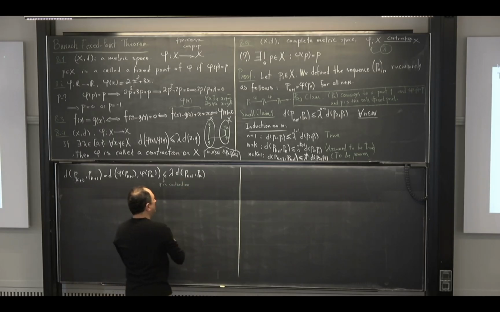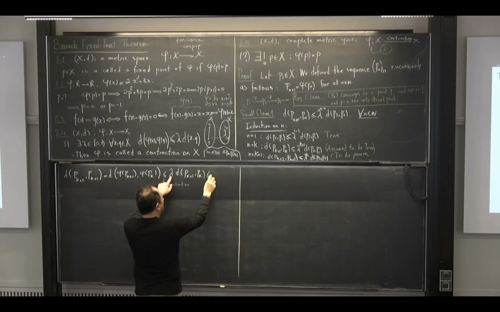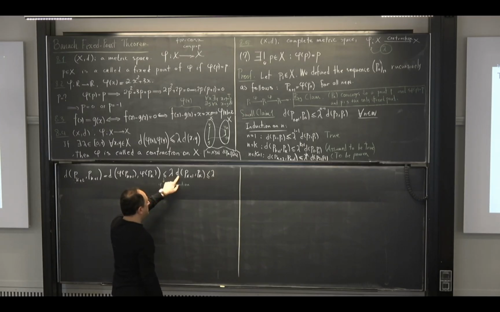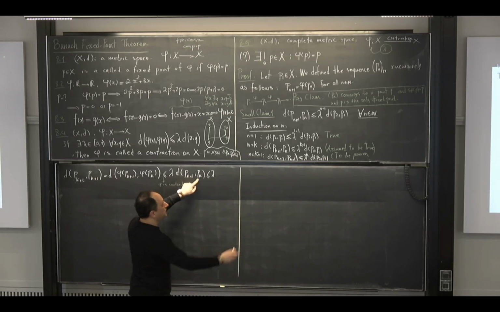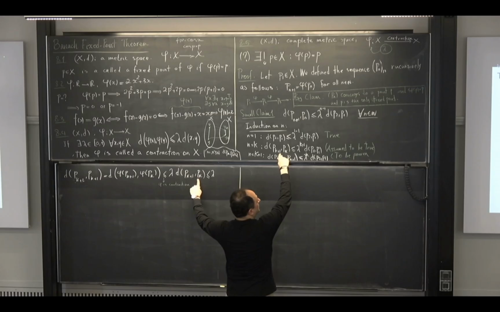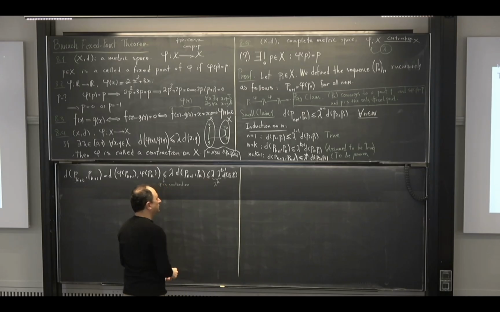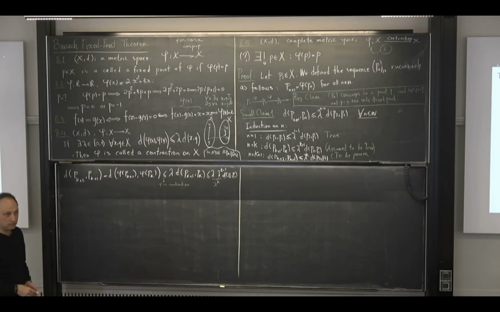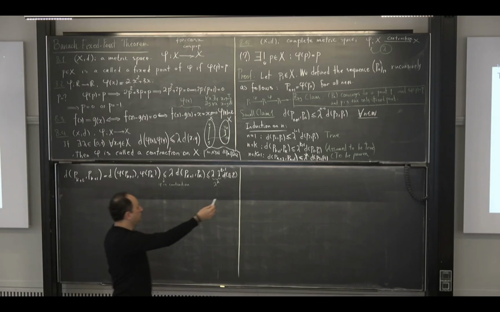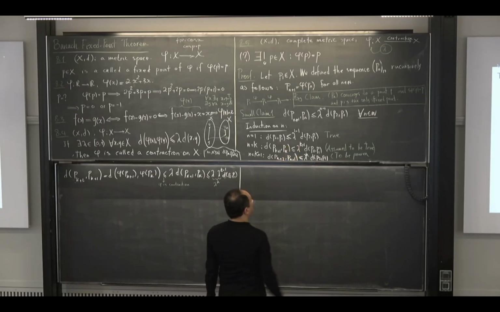And this one is less than or equal to, I copy and paste lambda, but d(p_{k+1}, p_k), according to the induction hypothesis, is less than this one. And then, of course, if you multiply these two factors, it is simply lambda to the power k. And we are done. Yes? That is exactly what I wanted to prove. So this is proof by induction.